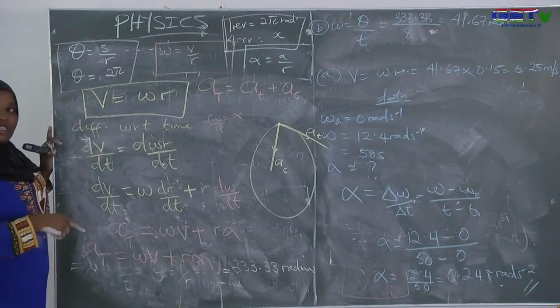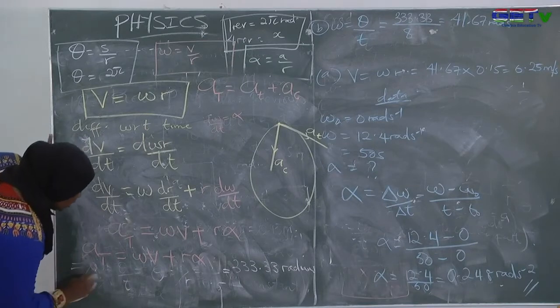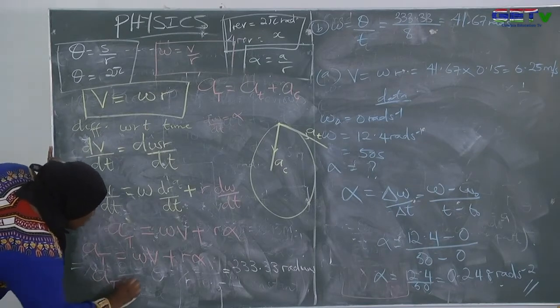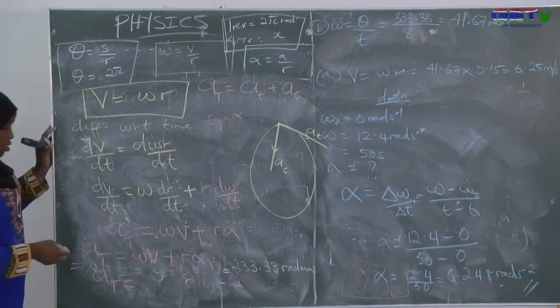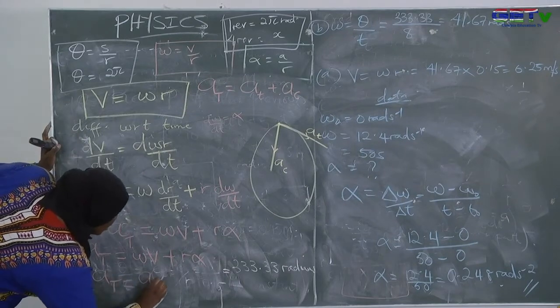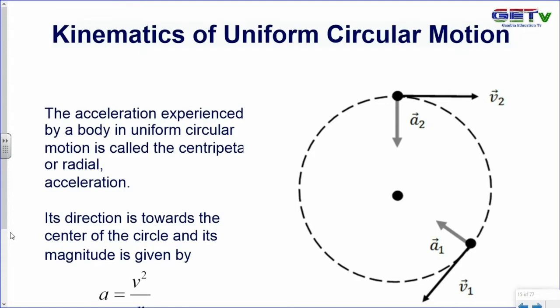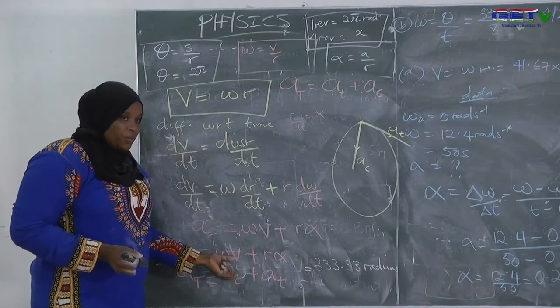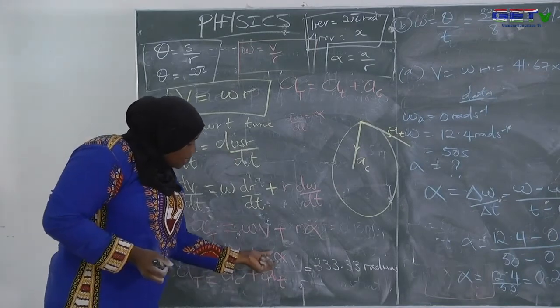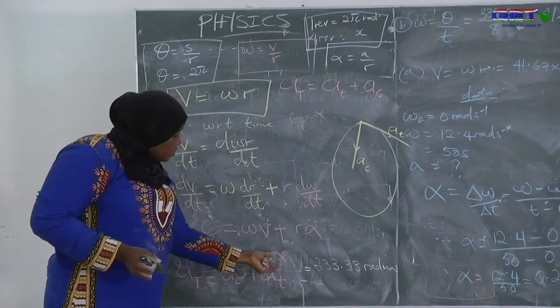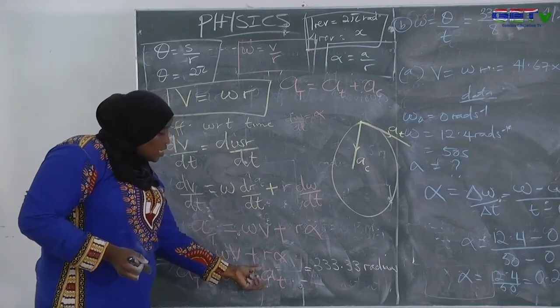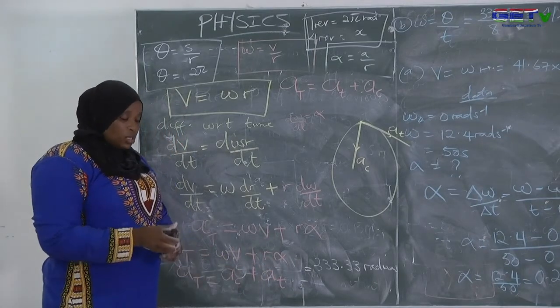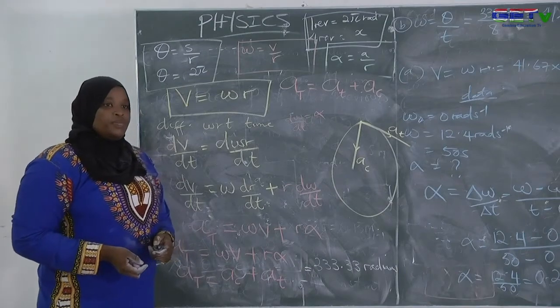If you look at the previous slide, I told you that the total acceleration of a rotating body is just the sum of the radial or centripetal acceleration plus the tangential acceleration. So omega v gives us the centripetal acceleration, whereas r times alpha gives us the tangential acceleration. Is that understood? Good.